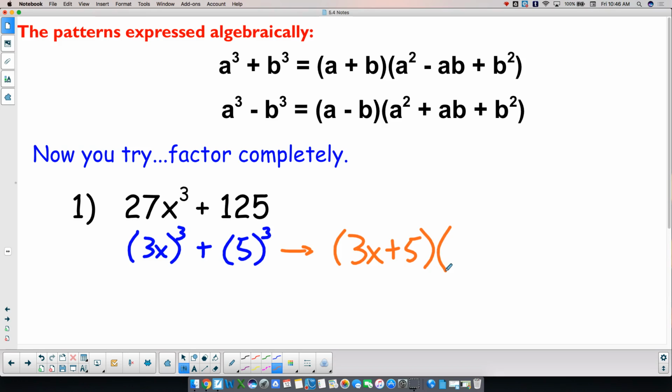3x quantity squared is going to be 9x squared. 3x times 5 is 15x. Oops, excuse me. That should be minus because we have to change the sign. And then plus 5 squared is 25.